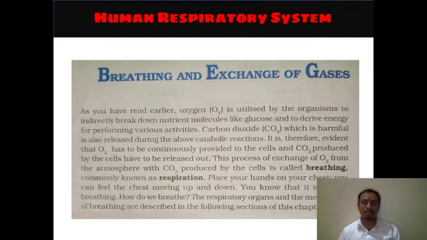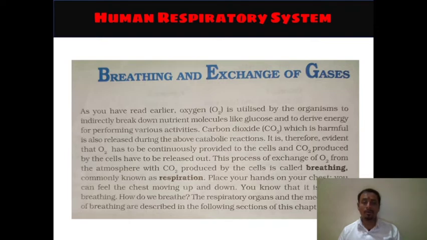So basically respiration is taking up atmospheric air through which oxygen is taken inside the body, and whatever CO2 is produced as a waste after nutrient digestion is exhaled through the nose. Definitely this is the process of basic respiration.